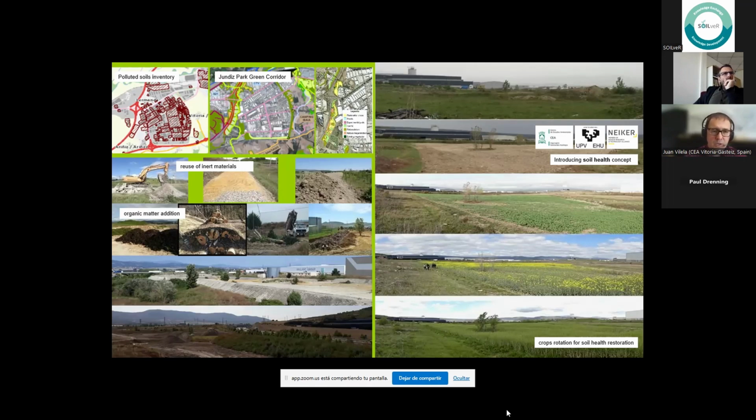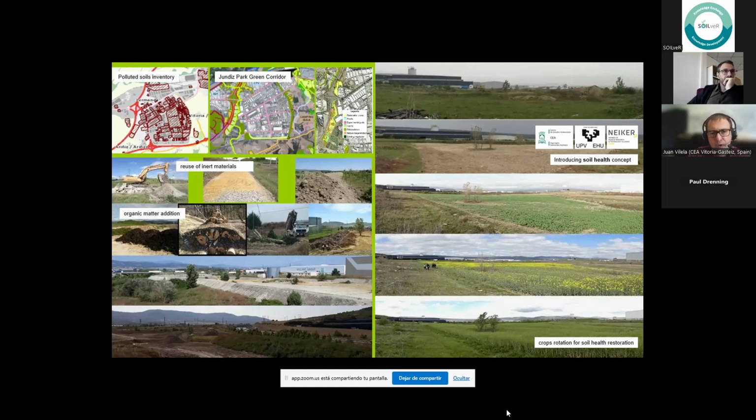We expanded this idea to the whole corridor. On the left side, you see that we also were trying to avoid the dig and dump technique for polluted soils that was used until then, and tried to reuse as much material and dirt on the place as we could, so in situ. Also, the importance of adding organic matter was taken into account in any form. So we were using compost, shredded pruning.